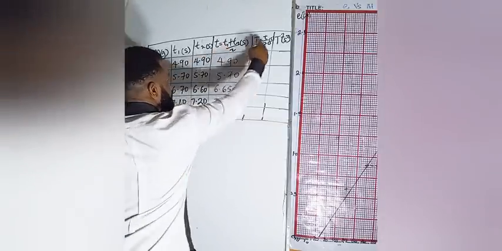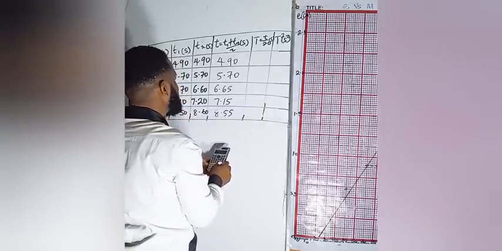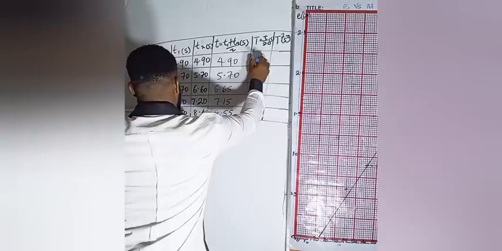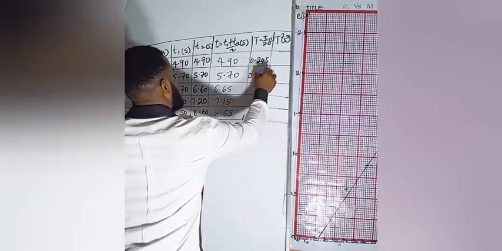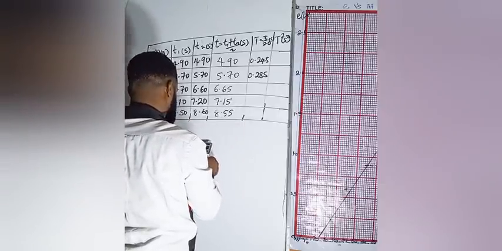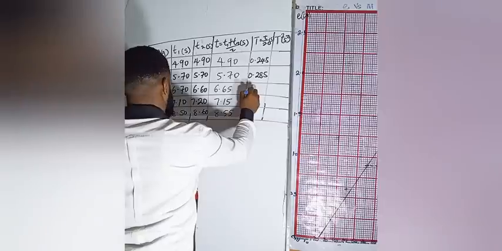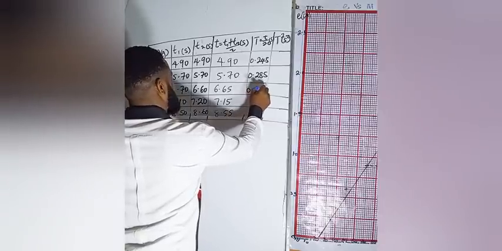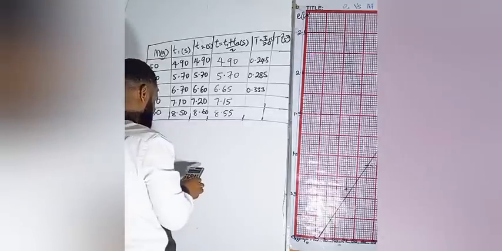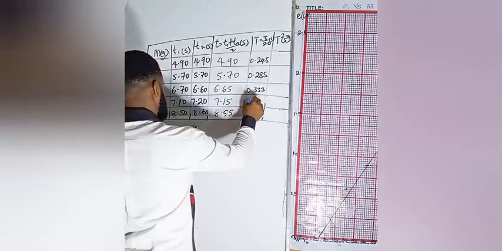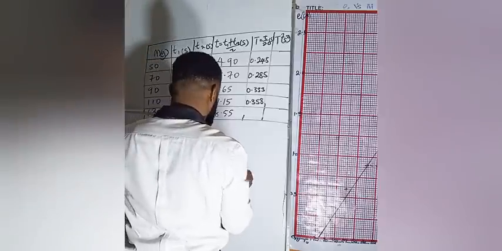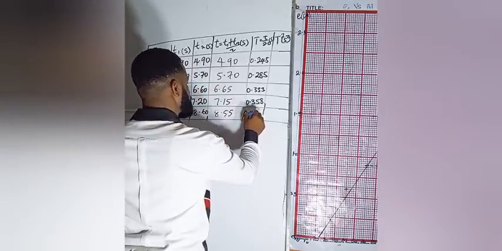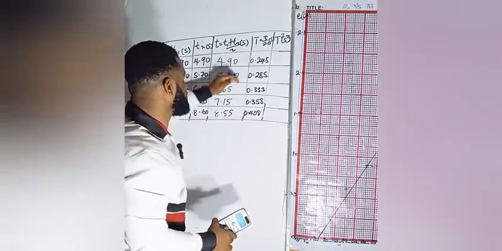So fill this column. 4.9 divided by 20 is going to be 0.245. 5.7 divided by 20 is 0.285. 6.65 divided by 20, 0.333. 7.15 divided by 20, 0.358. 8.55 divided by 20, 0.428. So this is the T, which is called the period. This is the main period now.